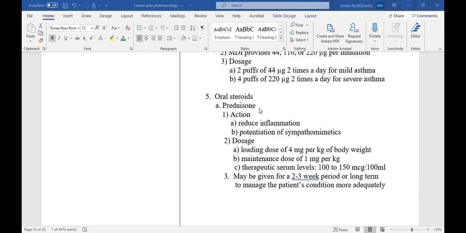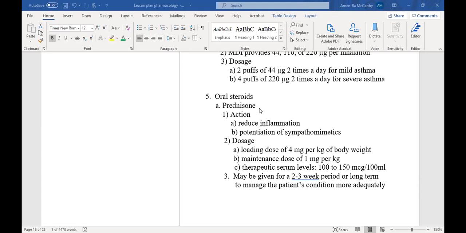If they only weigh 1 kilogram, you give them 4 milligrams. If they weigh 2 kilograms, you give them 8 milligrams. Of course, they're going to be way bigger than that, so we're just trying to show you how the math works.